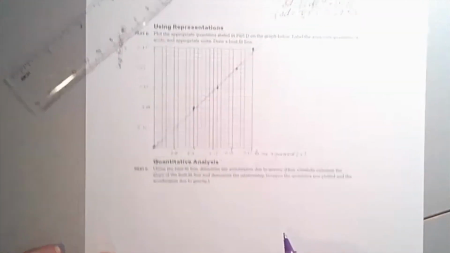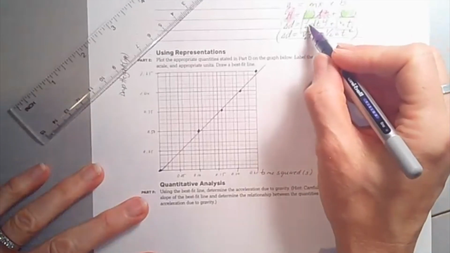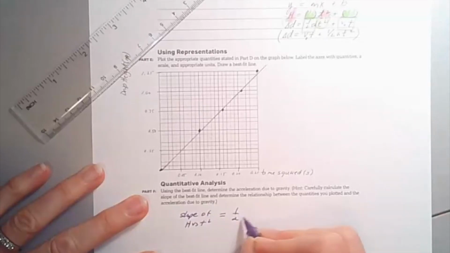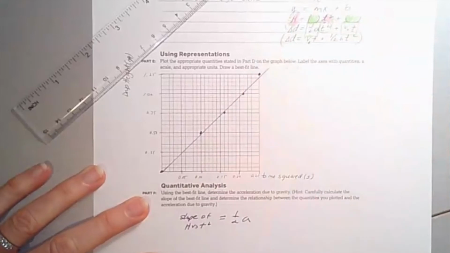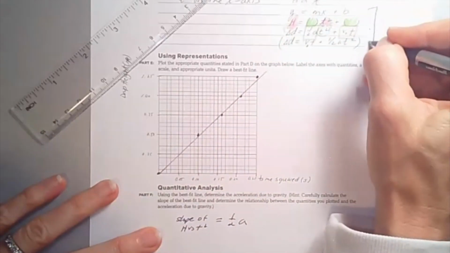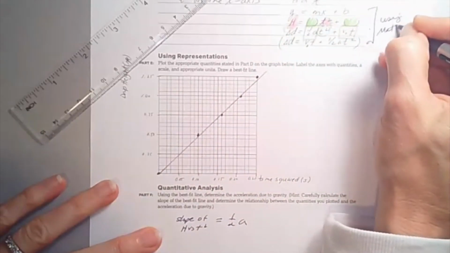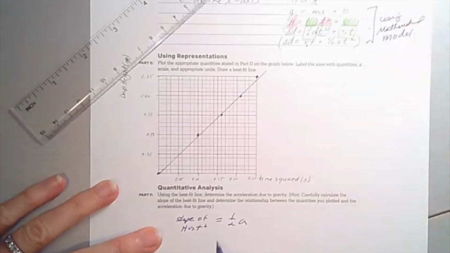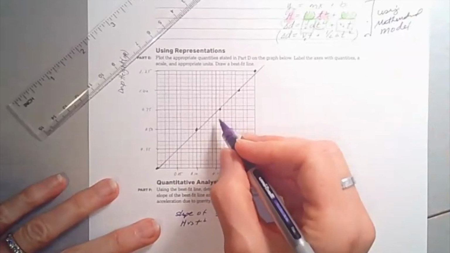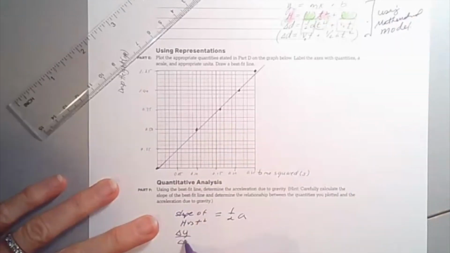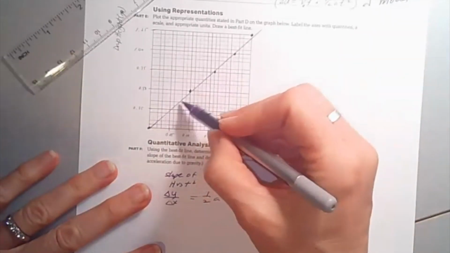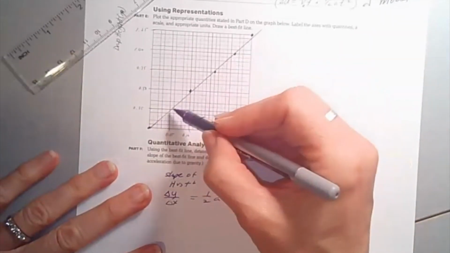Now I can find acceleration due to gravity. We already said the slope of this h versus t squared is going to be 1/2 a. Here's my proof right there. This is using the mathematical model. So if I find the slope, which is delta y over delta x, you can pick any points on this line, but don't use your data points unless they are actually on the line.